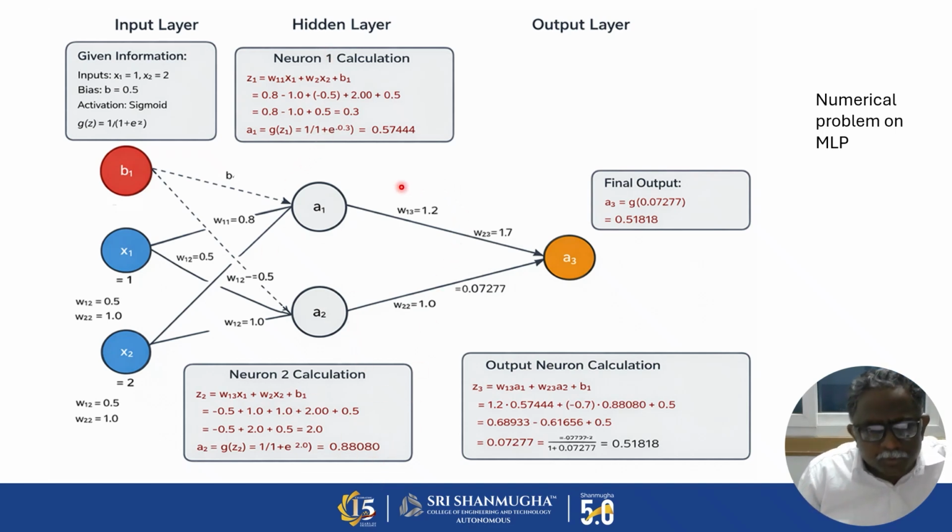When we apply these weights, we finally end up with a final output of 0.5. So this is the way we do the numerical problem for the multilayer perceptron. In both the hidden layer and the output layer, we use the sum and activation function.